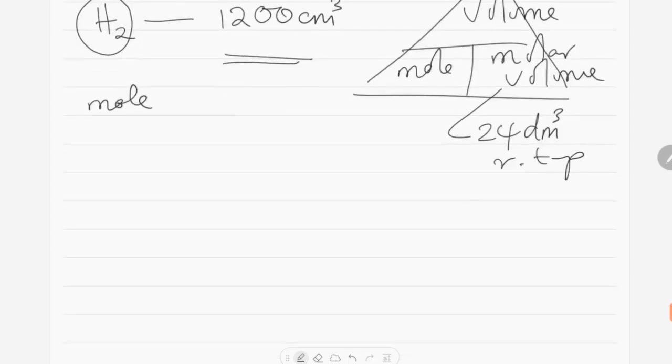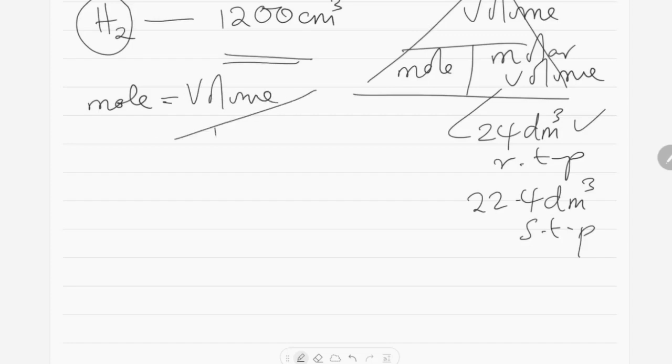It is also 22.4 cubic decimeter at STP. So since it was at RTP, we're just interested in this. So mole, in this case, is going to be equal to volume over molar volume. Remember, the mole we're finding is the moles of hydrogen.